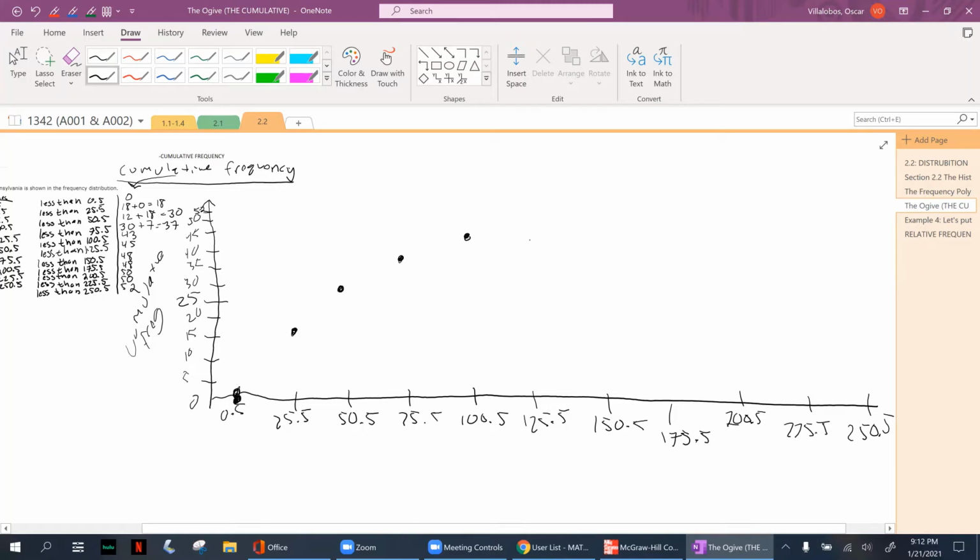Then 45. Then 48, 48. Then we have 50, 50, and 52. And of course, this is the fun part. Let's connect the dots.